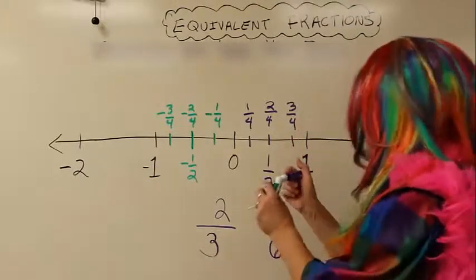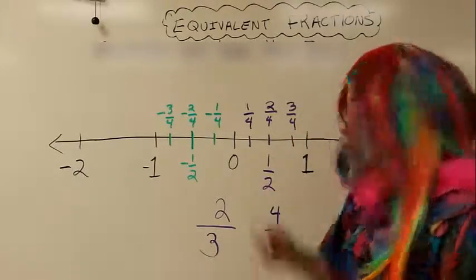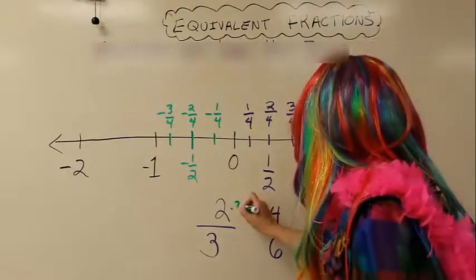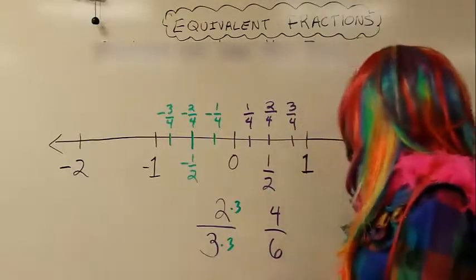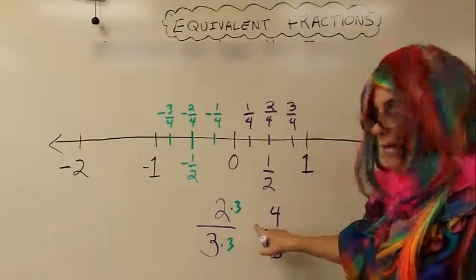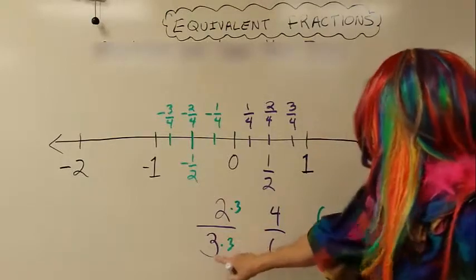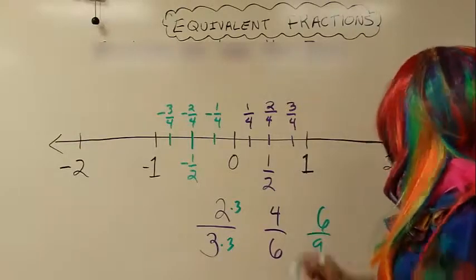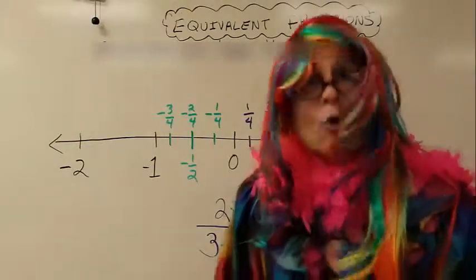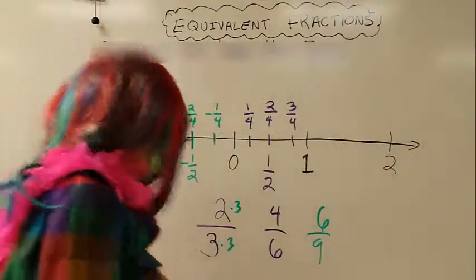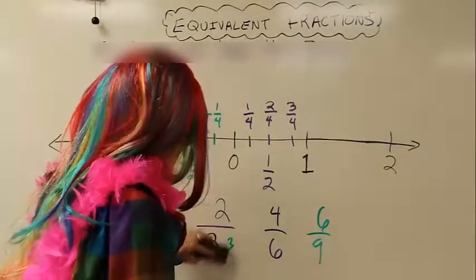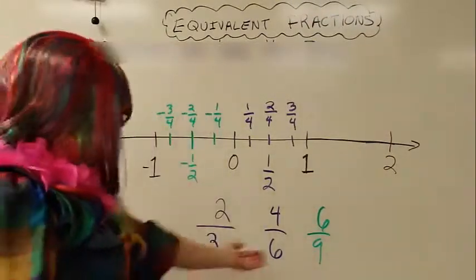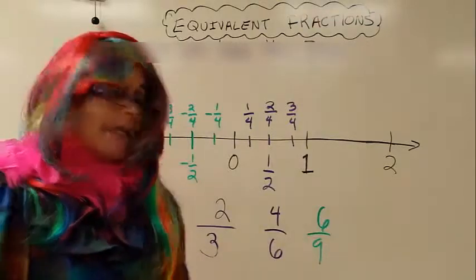Let's make another one, nice and easy peasy. So let's multiply the numerator by 3, the denominator by 3. 2 times 3 is 6. 3 times 3 is 9. Well, look at that. I made another equivalent fraction to 2/3. Now I have 3 fractions that are all equivalent.